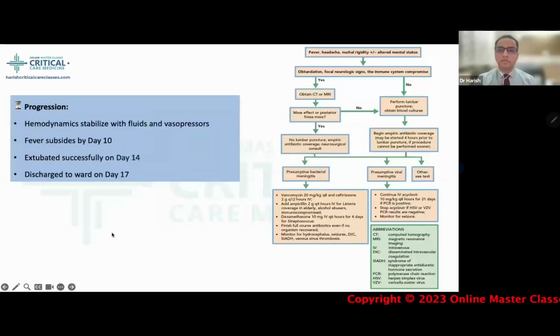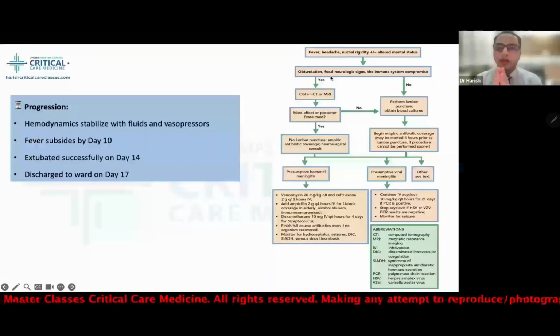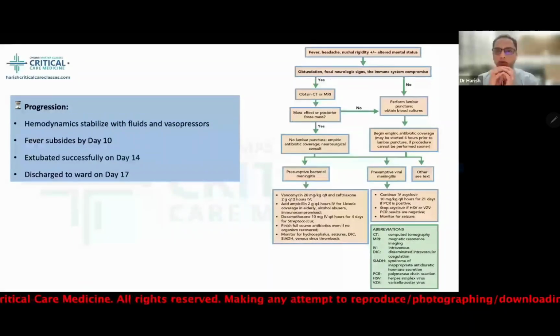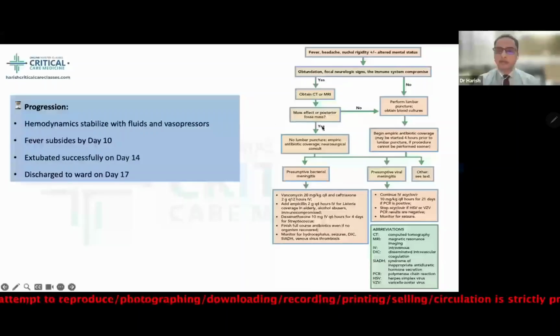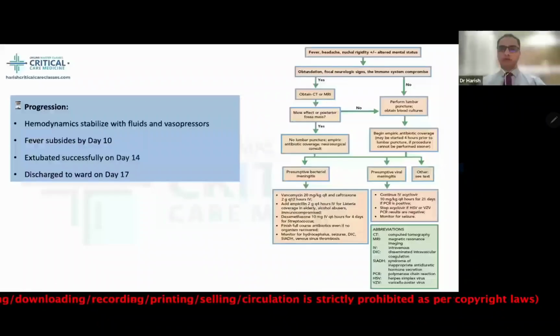So this is a simple flowchart for the therapeutic options for meningitis. If the patient has fever, headache, neck rigidity with or without altered sensorium, check whether he has obtundation, focal neurological signs, or a compromised immune system. If the answer is yes, get imaging, either CT or MRI, before lumbar puncture.